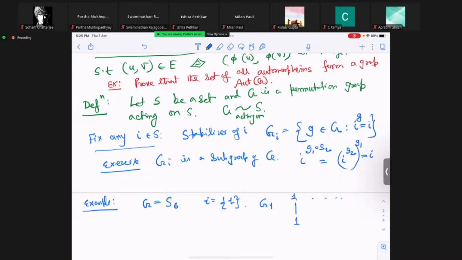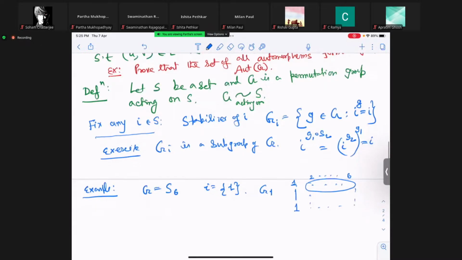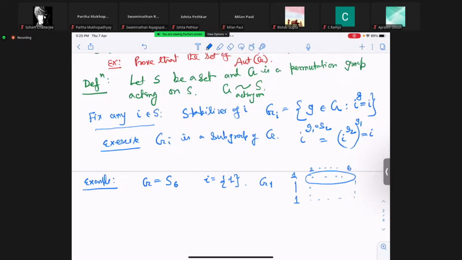It fixes 1, and does other things on its own: all possible permutations are possible on the elements 2 to 6. Only one element is fixed. So G_1 is isomorphic to S5, because all possible combinations of 5 elements are allowed.